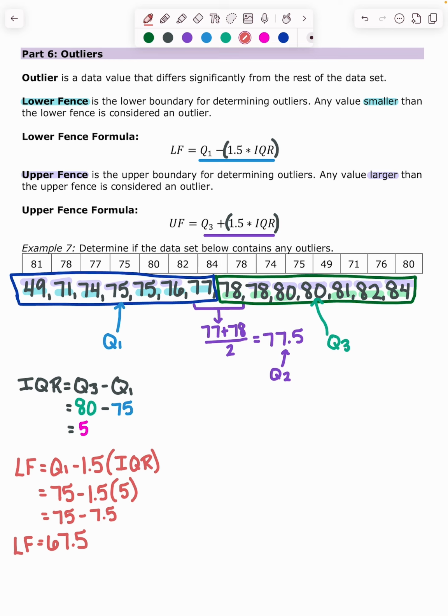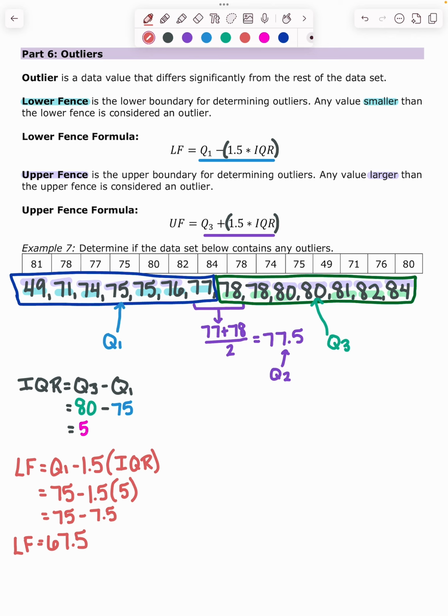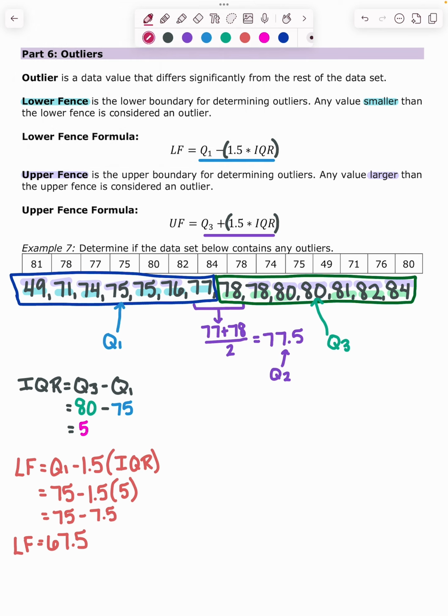Before I look at my data, I'm going to calculate the upper fence. Sorry, I'm getting caught up in my colors. Here we go. The upper fence formula is Q3 plus 1.5 times the IQR.